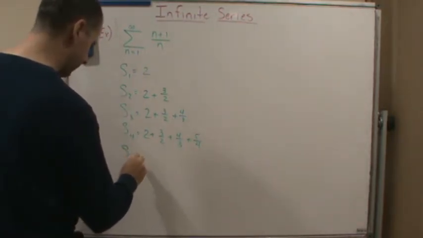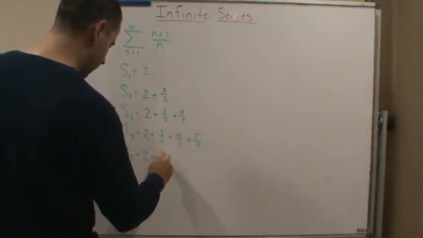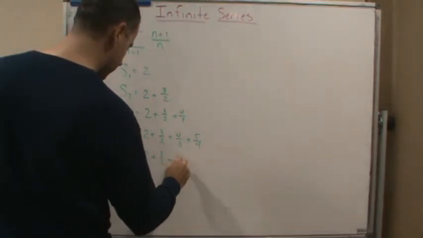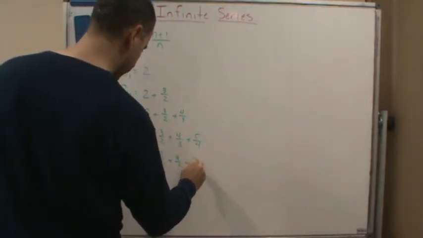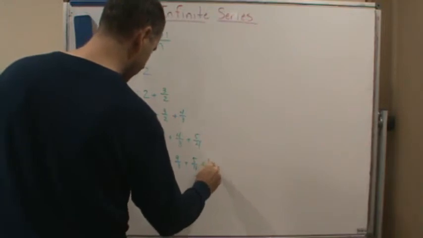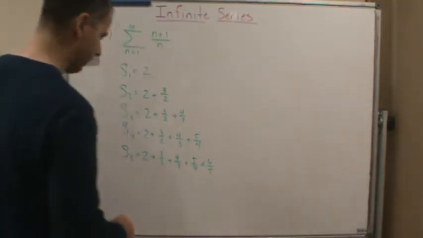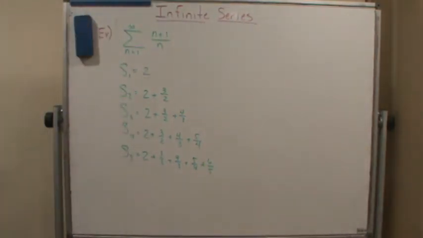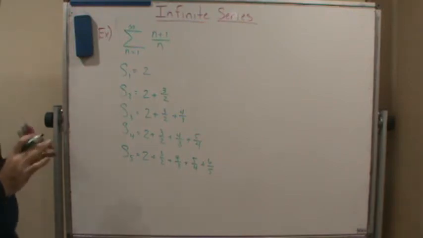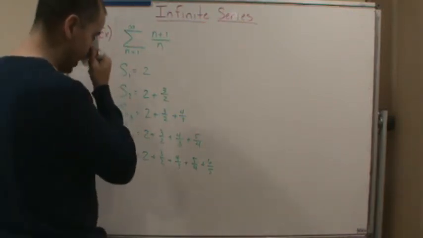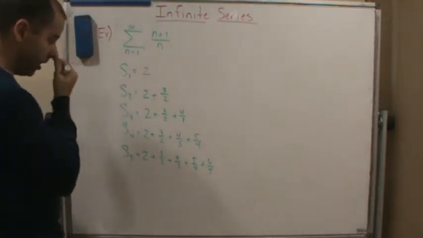S sub 5 equals 2 plus 3 halves plus 4/3 plus 5/4 plus 6/5, right? Okay, now, again, let's go back to what I was saying. Notice that I'm adding something bigger than 1.